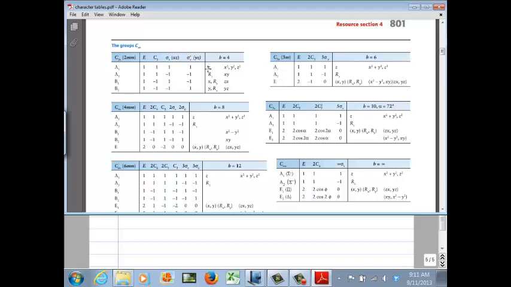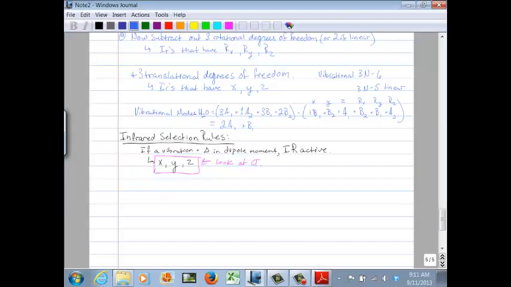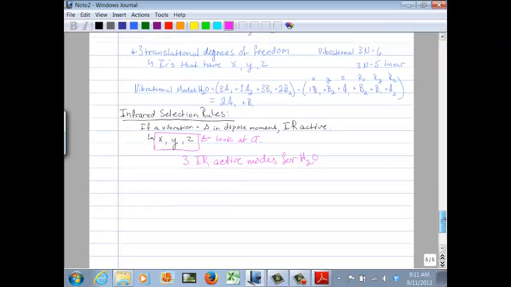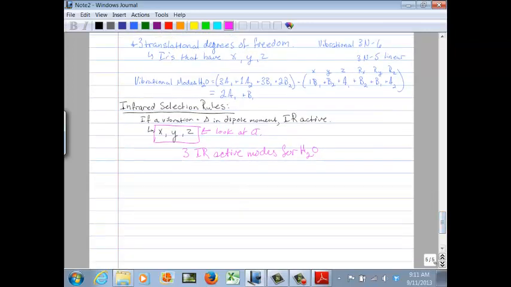It sure is. It's got a Z. What about B1? Is it IR active? Yes, it is. So we have two A1s and a B1. That's three IR active modes for water.